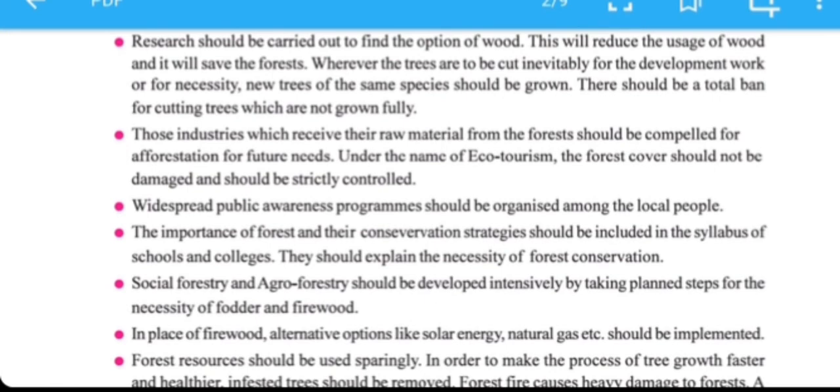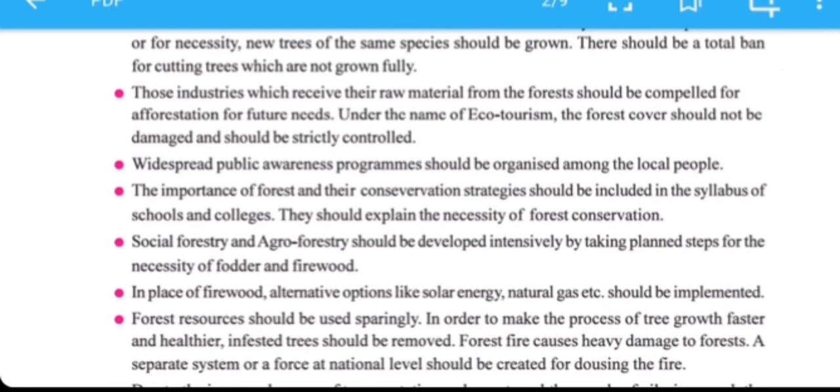Next, those industries which get raw material from the forest should be encouraged for afforestation, and similarly they should plant the trees somewhere else.